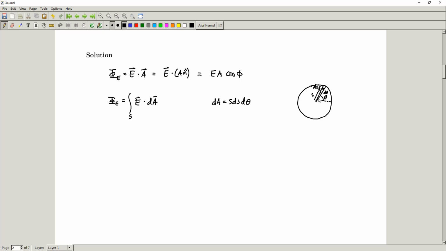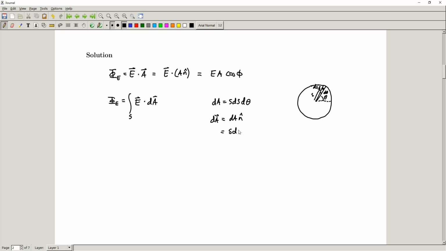So we're integrating over all these tiny little sections of our disk, and this is what our dA becomes. We're going to be integrating over s and over theta, right? Except that our dA here is really a vector dA, and what that means is it's just dA in the n hat direction, okay? And so we can rewrite this.